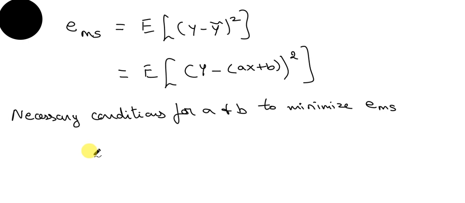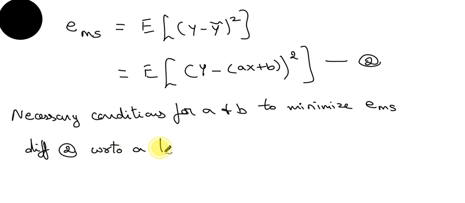If you have looked into the constant case, we had only y minus a, and so I would have differentiated e with respect to a and equated it to 0. But here I am going to differentiate this with respect to a as well as with respect to b. So let me take this as my equation number 2, and now we differentiate equation number 2 with respect to a and b, and then we equate to 0 and resolve.